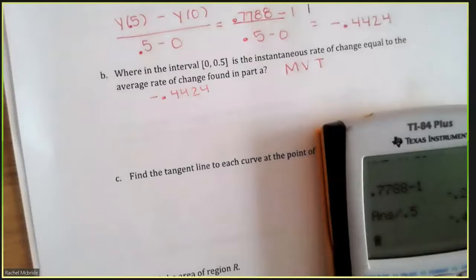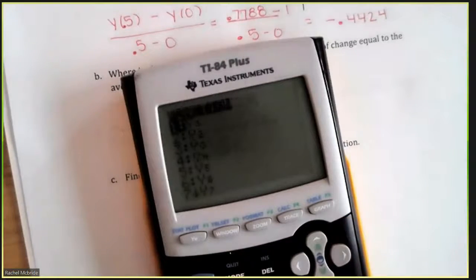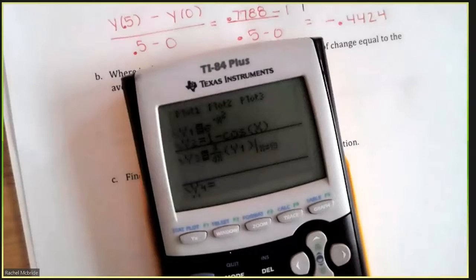So what we could do is find the derivative using these features of the calculator. So I'm going to turn off the cosine graph. I'm going to go math 8. I'm going to put d, I'm going to put vars, y vars function y1 for all of x's, and I'm going to put in that negative 0.4424.